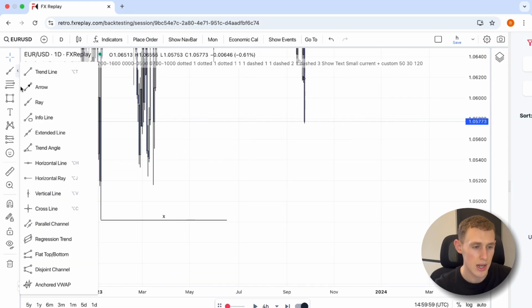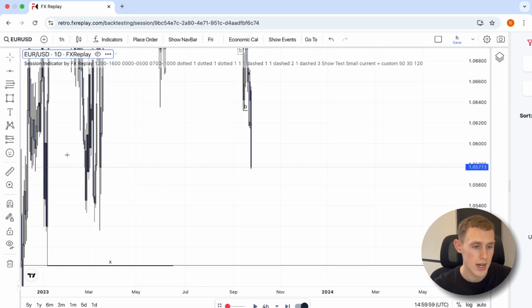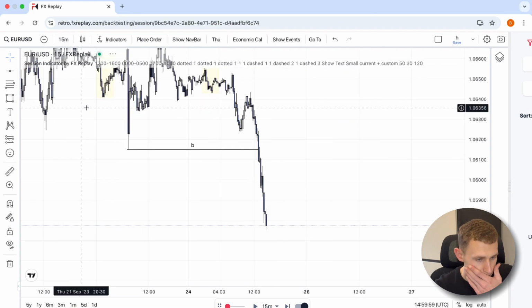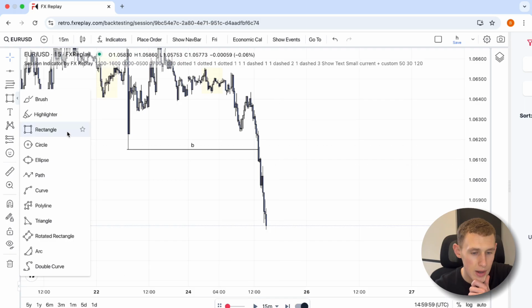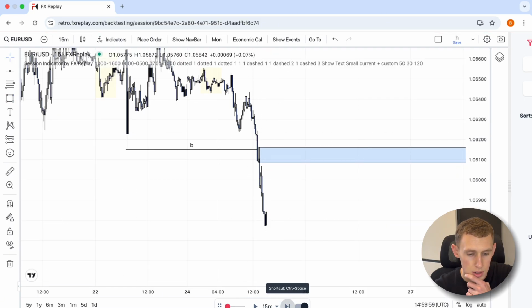I think I deleted the line, so I'm just going to mark this back on. And thoughts now, I'm just going to look for a retracement to continue selling down. Maybe we have like this sort of area. We could see price retest into there.